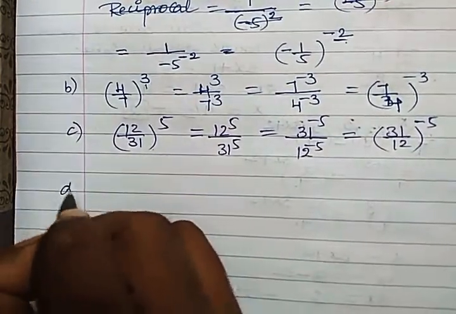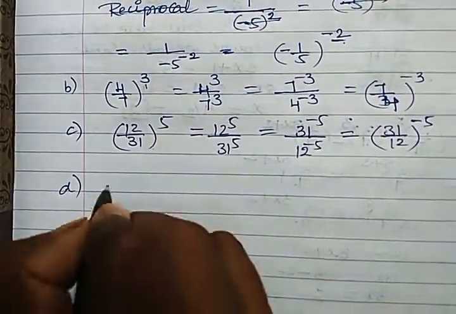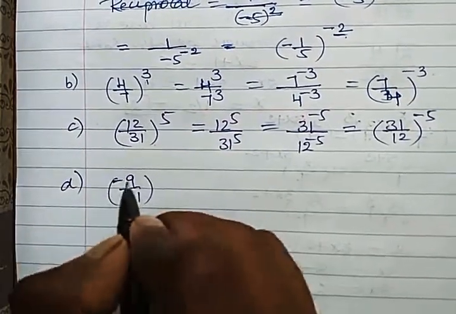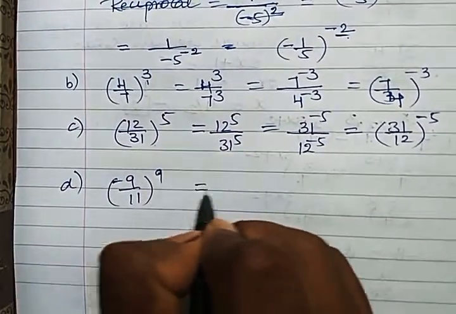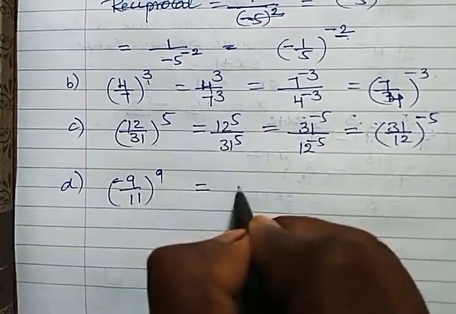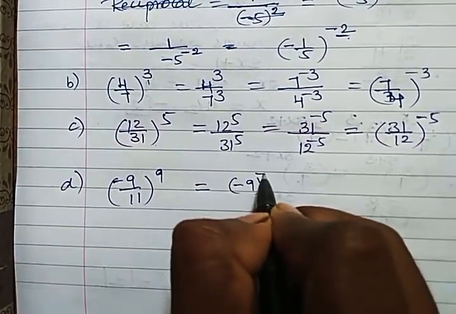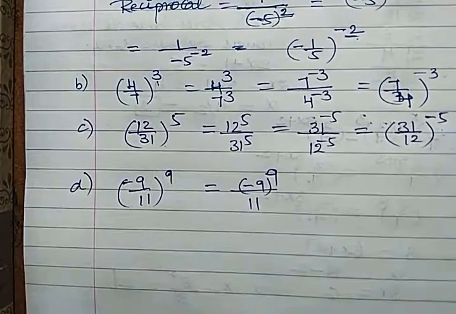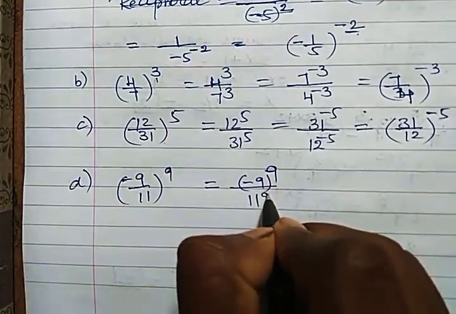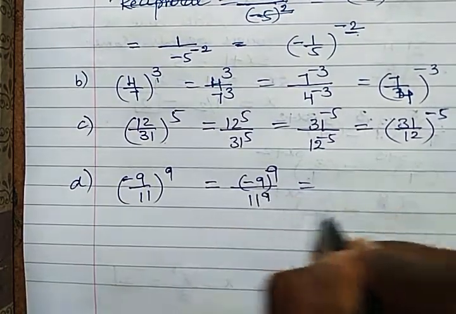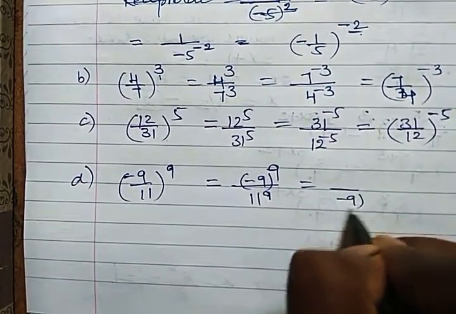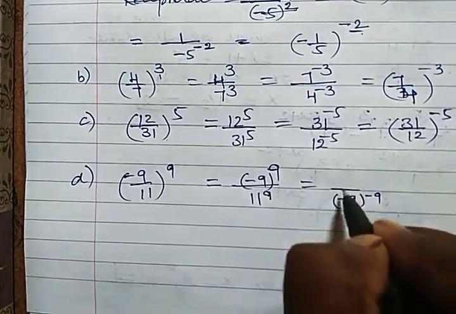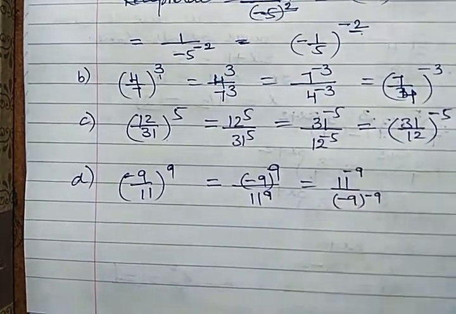That is C. The last one, D, is minus 9 by 11 whole power 9, is equal to, write it as minus 9 whole power 9 by 11 power 9. Now bring minus 9 down, we are bringing it to the denominator and we are taking 11 power minus 9 to the numerator.